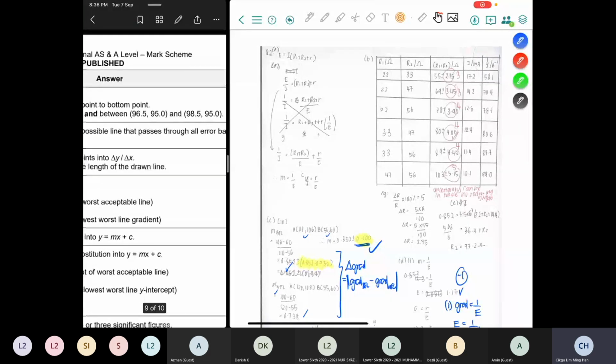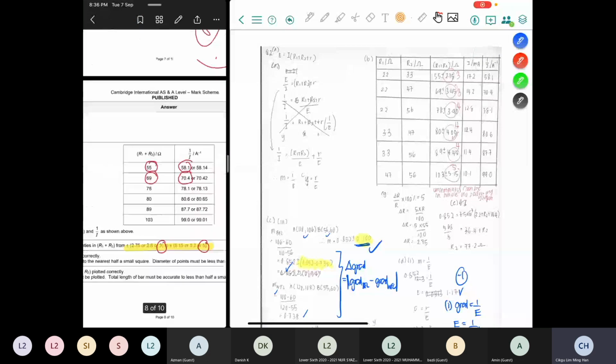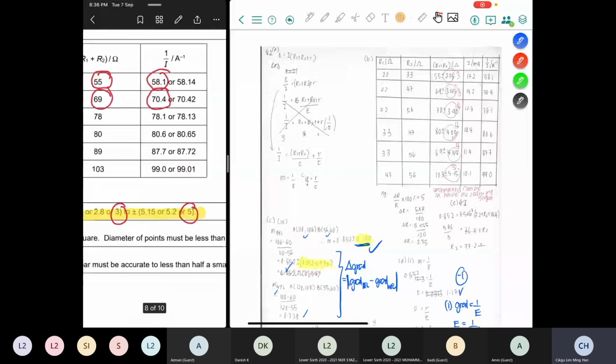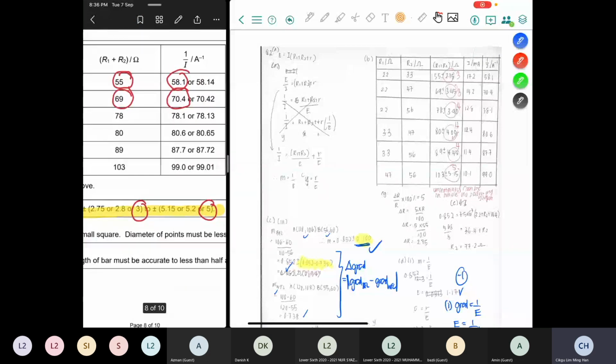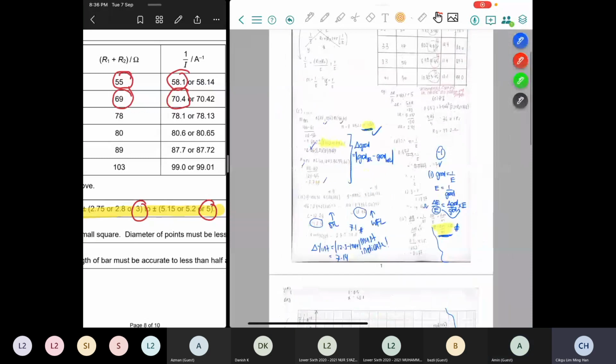So if the rest you have done your part, you can have a look at the mark scheme also. Yeah, from 5.12 also can to 2.75. Not deduct mark for this one.